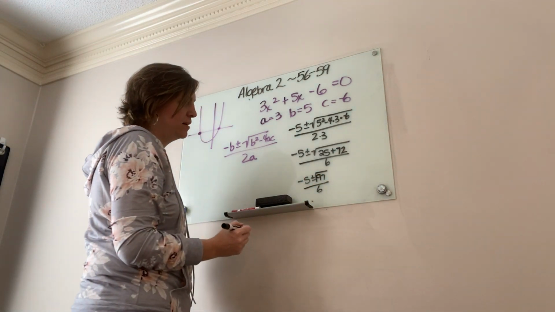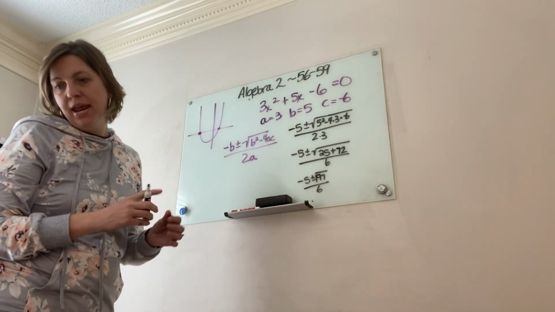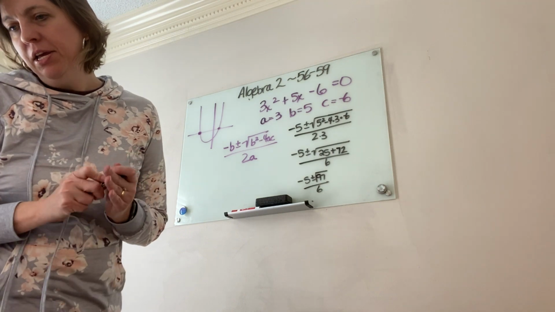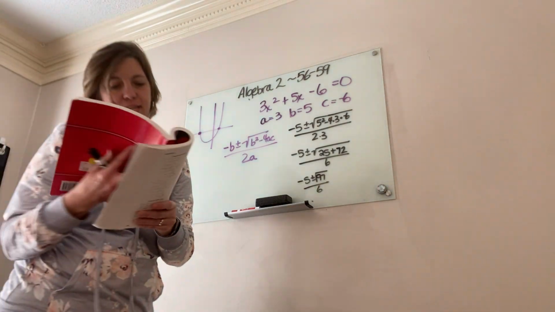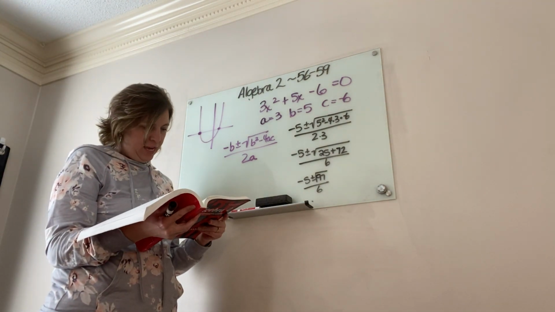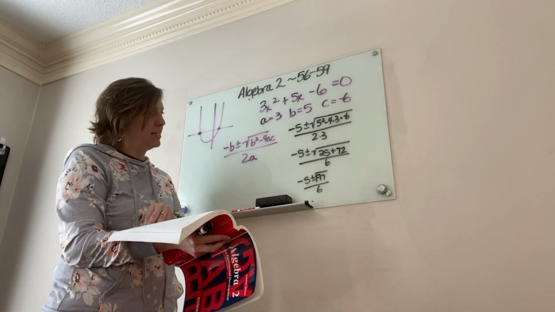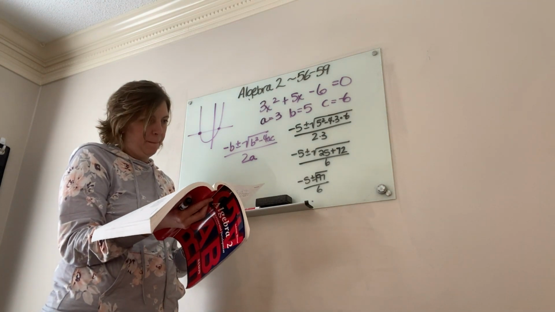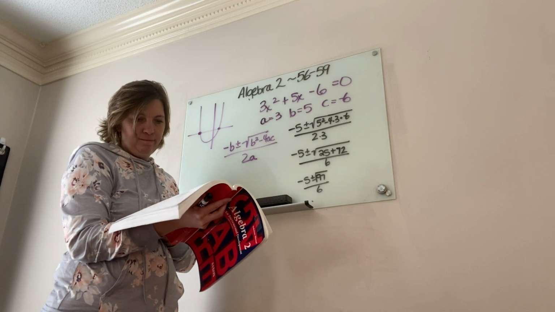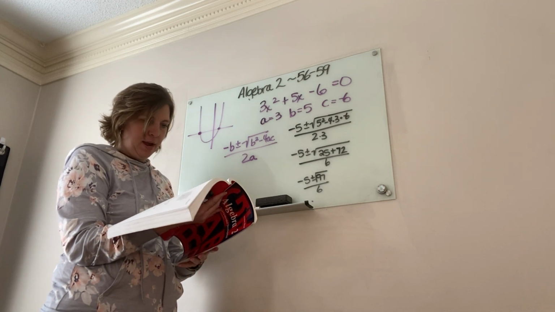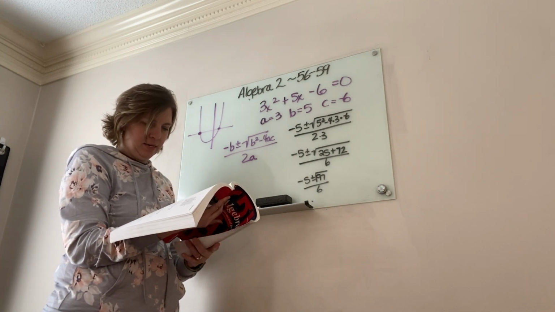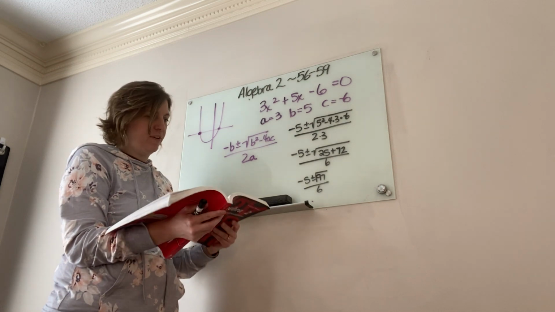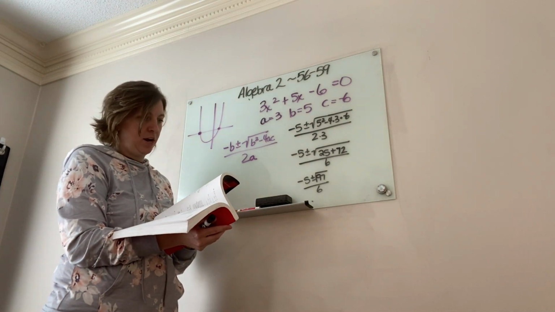over 6. All right, now let me look at my answer key and see what they came up with. So this is lesson 59. Lesson 59, practice. Oh, no, this is 58. I'm sorry, I'm one lesson ahead.